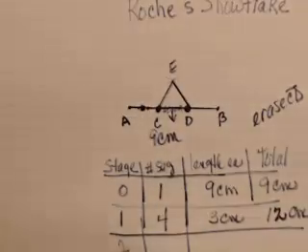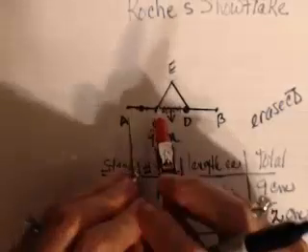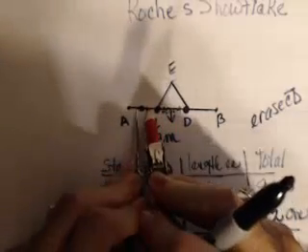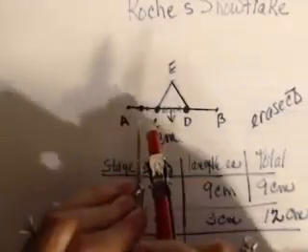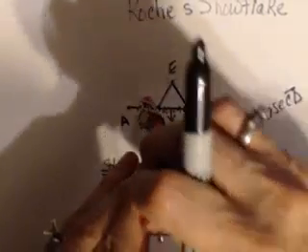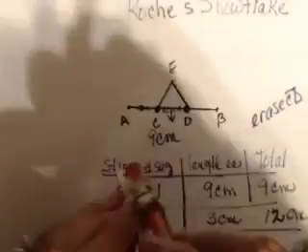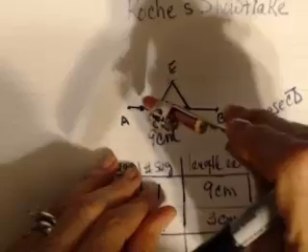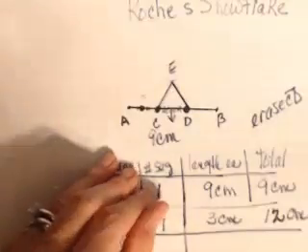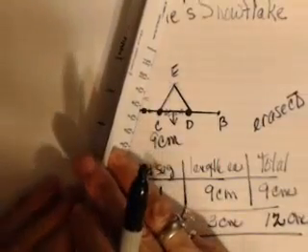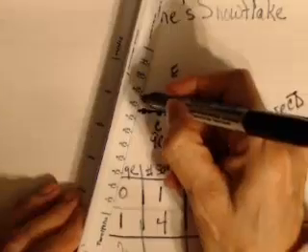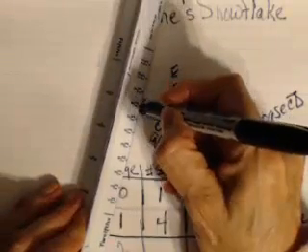I'll use my compass and make a radius of 1 centimeter. And then I will make a circle, and at that intersection, I will connect to here.